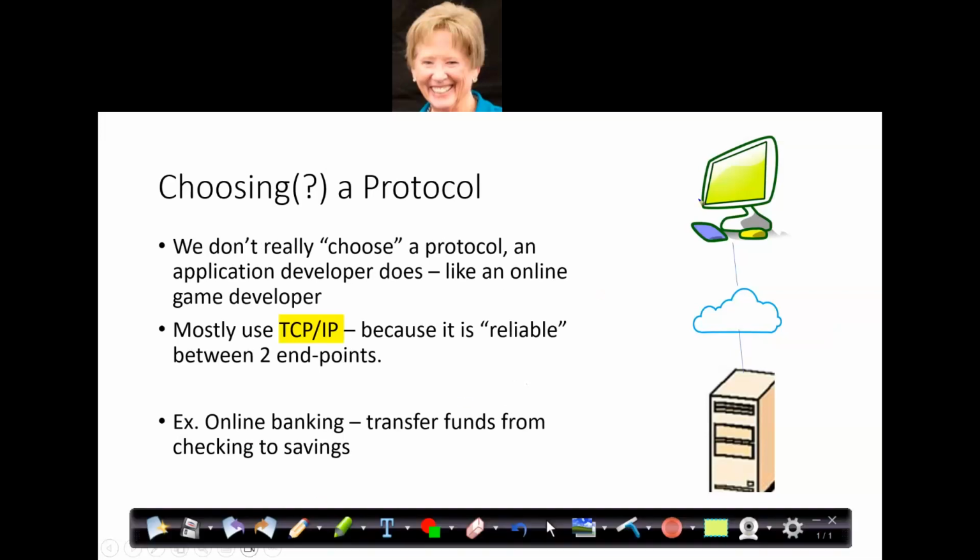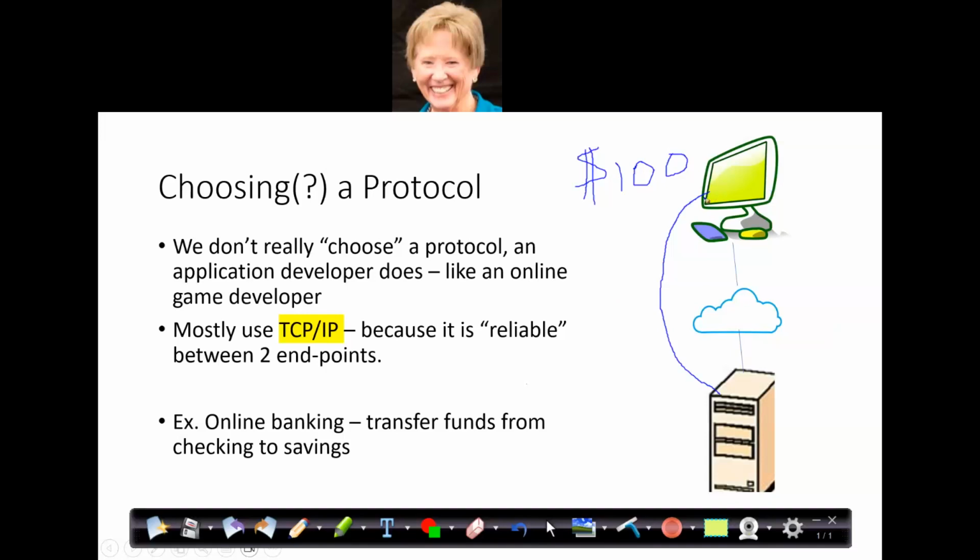So if I can draw a line here, let's say there's an example. We are sitting at home and we want to make a deposit to our bank, or let's say we want to move $100 from my checking account to my savings account. So we're going to use TCP/IP because it's reliable between two endpoints.